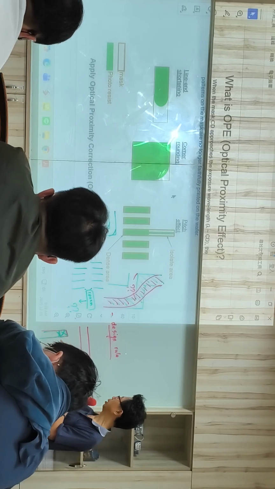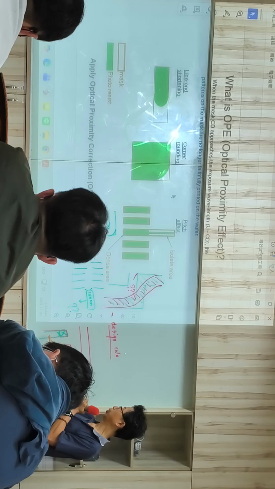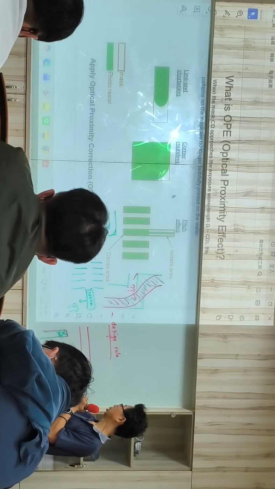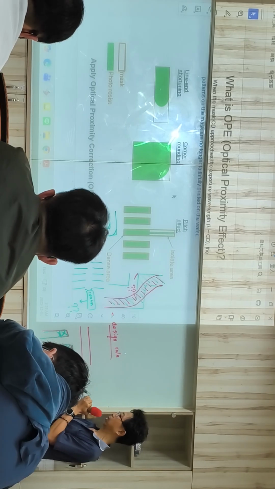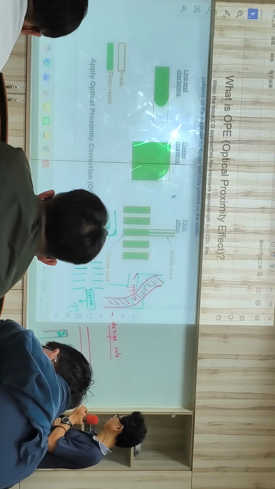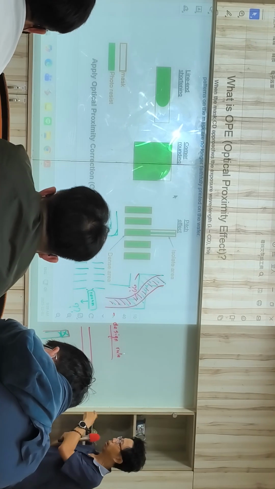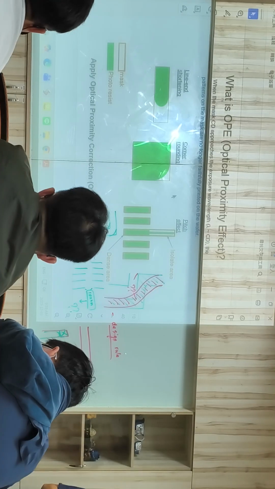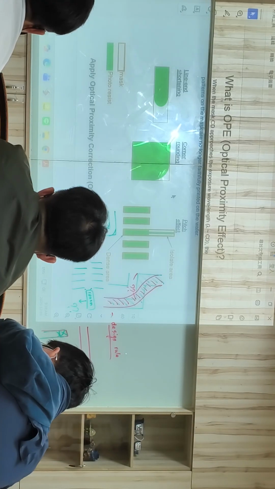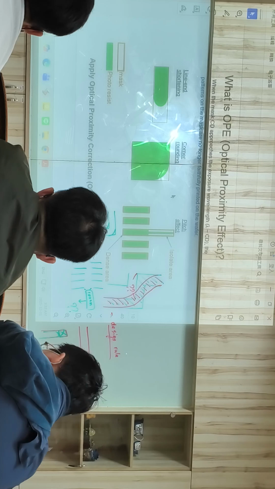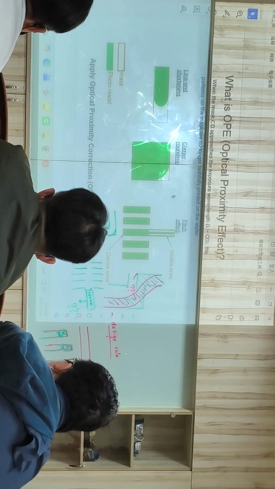If you put a contact hole here, you will not connect it. So optical proximity effect is very crucial for you to make the mask work.